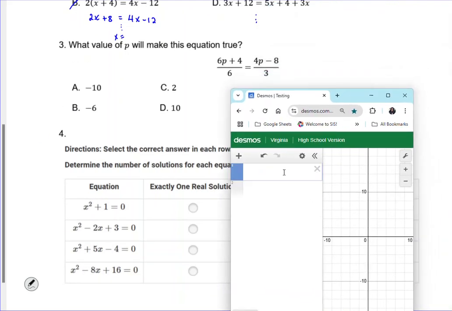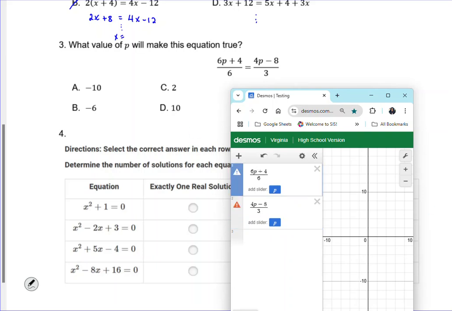So what I'm going to do here is plug in the left side of my equal sign. 6p, I'll just put p for now and then I'll change it. And then on the right side, make sure to put the division symbol first. Okay, so I have the left side and the right side typed out.